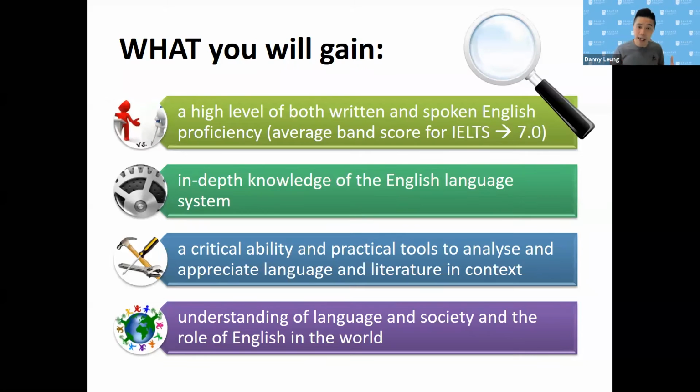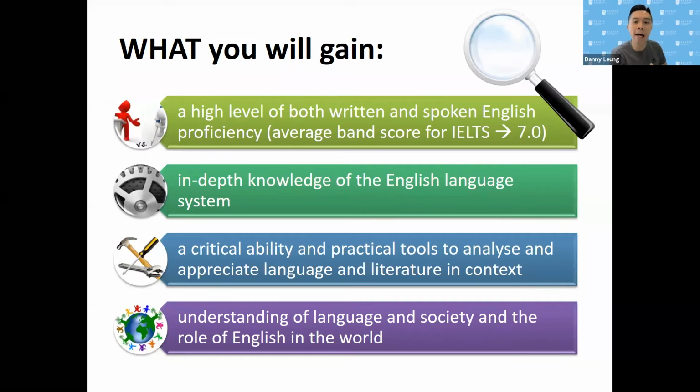All right, so that's why if you major in English, your written English, your spoken English would be of a high caliber. All right. And it's not just about English language speaking, reading, writing, listening skills. It's also about in-depth knowledge of the English language system. Now, just now, if you still remember what I mentioned to you, majoring in English is very important for you to speak and write the English language well.